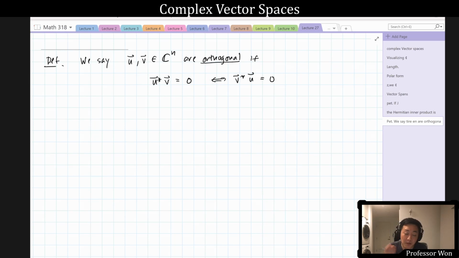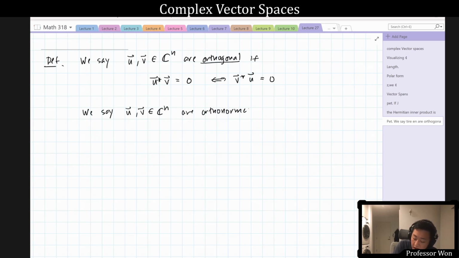Okay, so the good thing is if you just want to know if two vectors are orthogonal, you can take the inner product in either order, because if one of them is 0, the other one will be 0. But again, you want to be careful. You don't want to just flip inner products willy-nilly, because they're not the same. You can't just commute them past one another. And we might as well, while we're here, say that a set of vectors will be orthonormal.